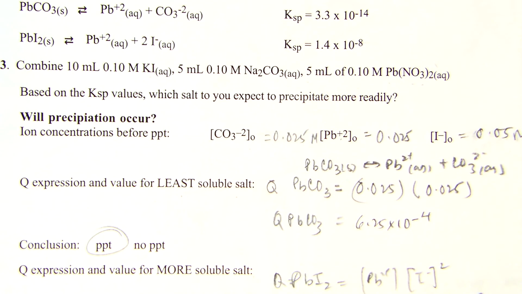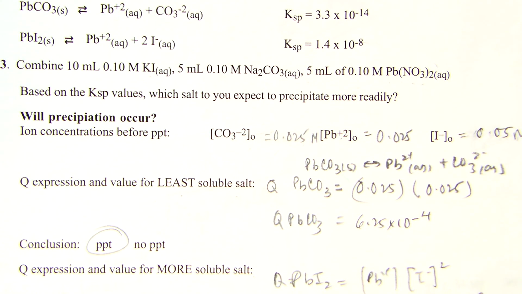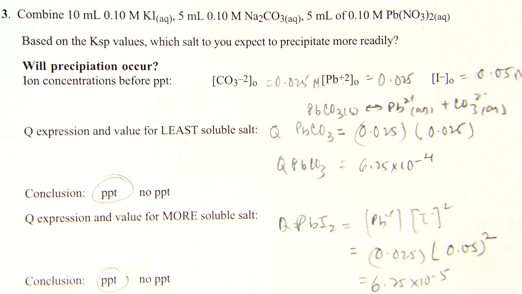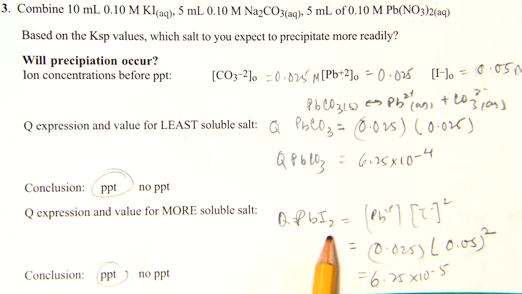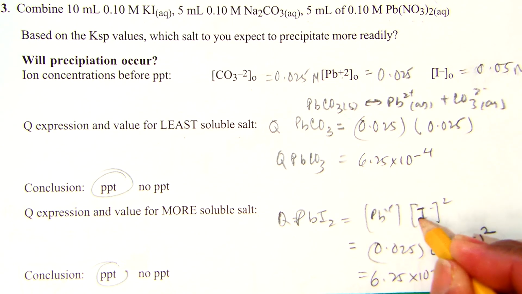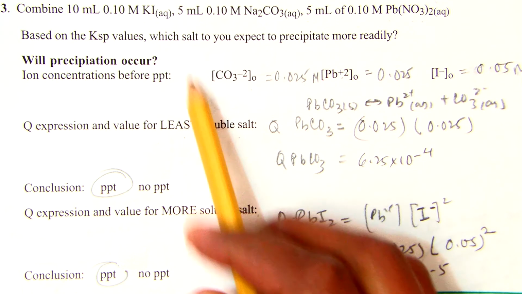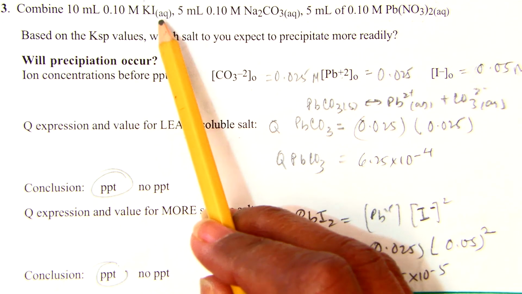Now the Q expression for the more soluble salt, PbI2, will be like this. In this case, note that we are not doing 2I. Why? Because iodide, if you notice here, is coming from KI. In 1 mole of KI, we have 1 mole of I minus.